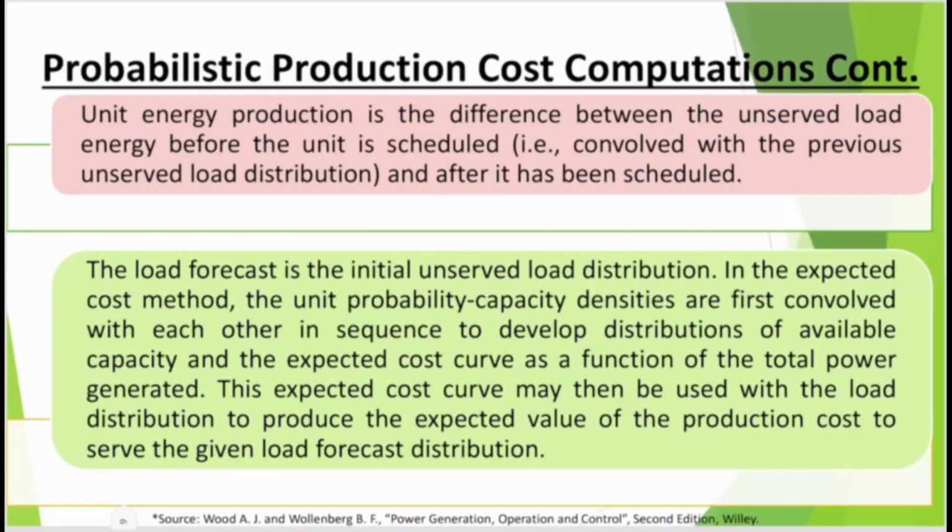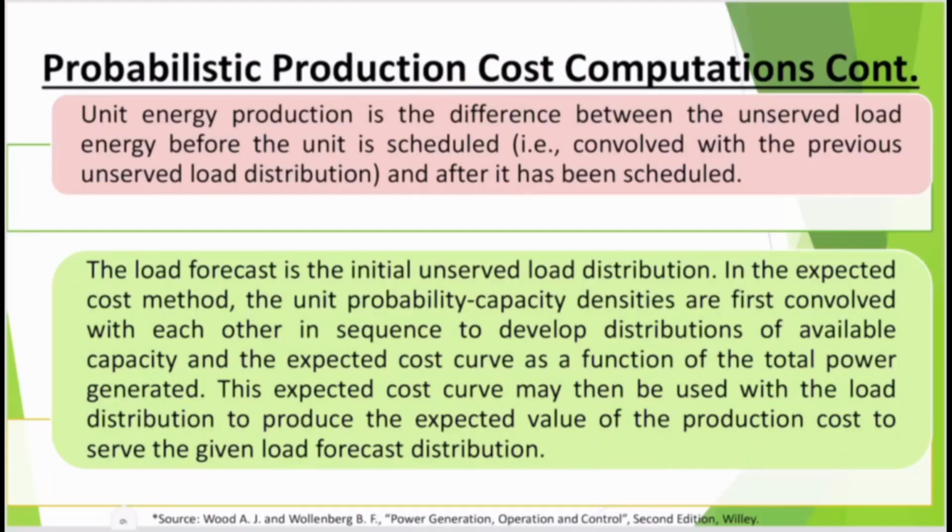In the expected cost method, the unit capacity probability densities are first convolved with each other in sequence to develop distributions of available capacity and the expected cost curves as a function of the total power generated.